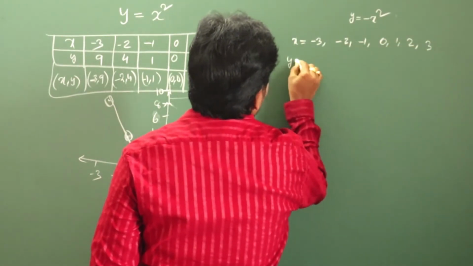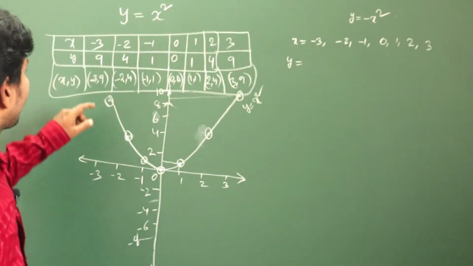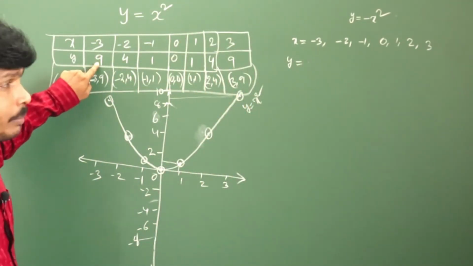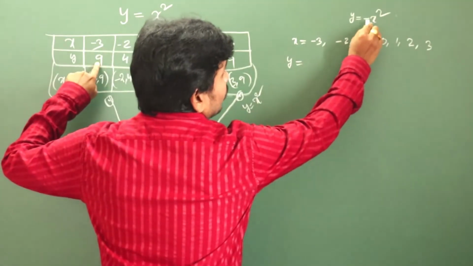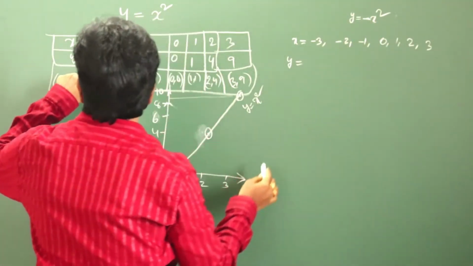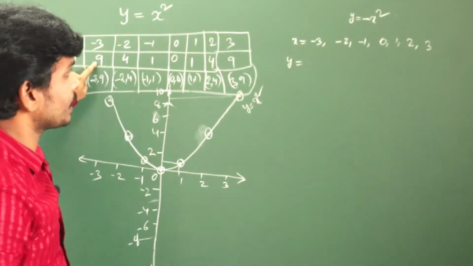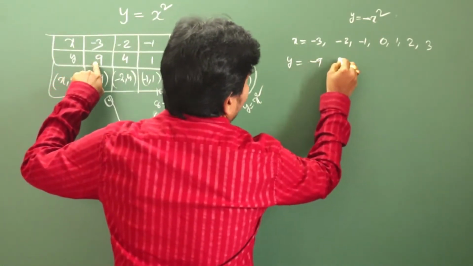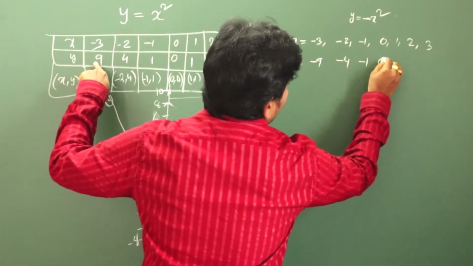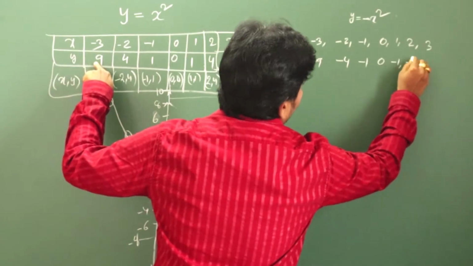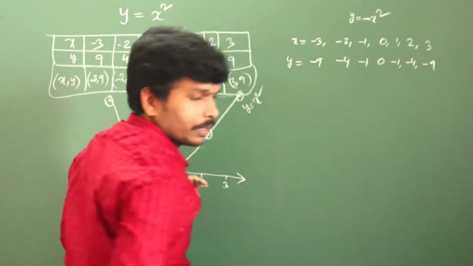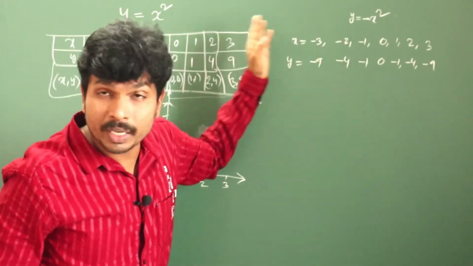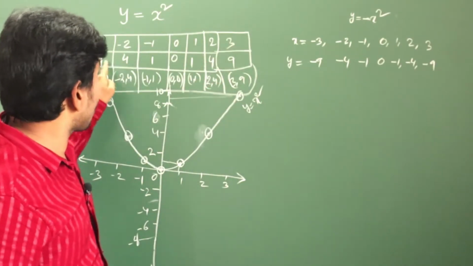What are your y values, tell me? Here the y value was 9, but here what do you get? The minus symbol is there, so you get all negatives only: minus 9, minus 4, minus 1, 0, minus 1, minus 4, minus 9. Yes or no? What is the difference between these two? Here the y value is always positive.